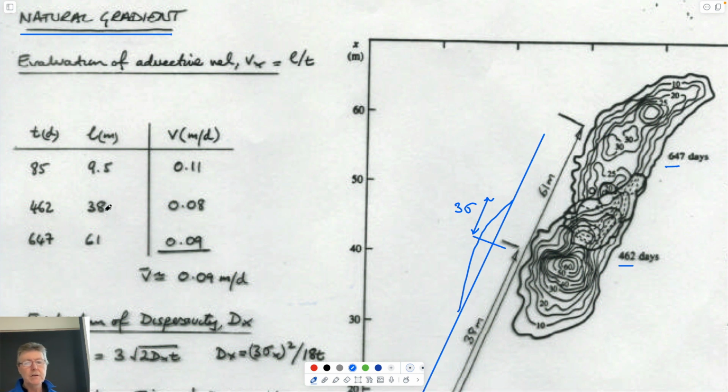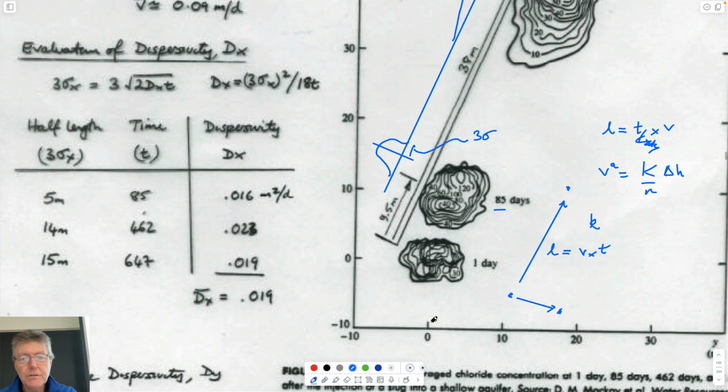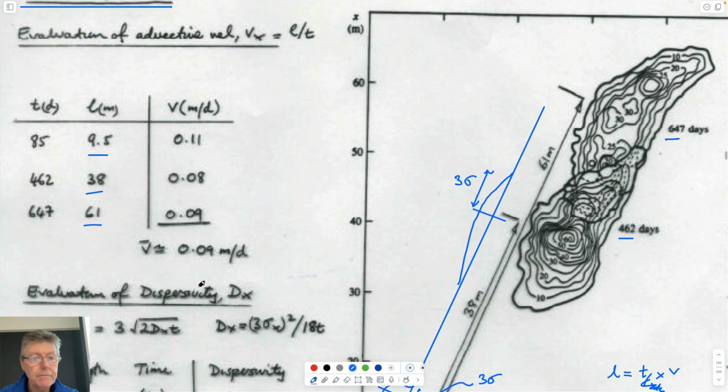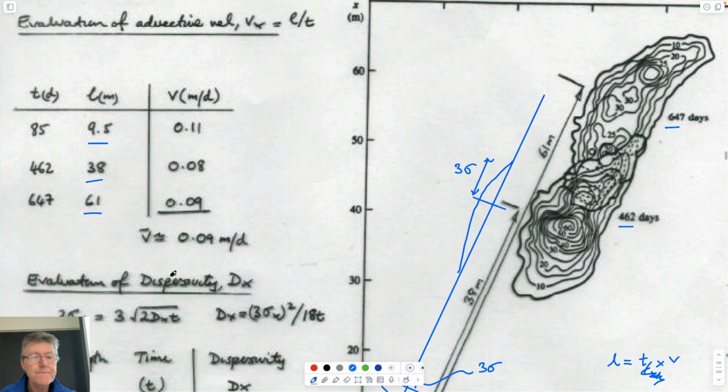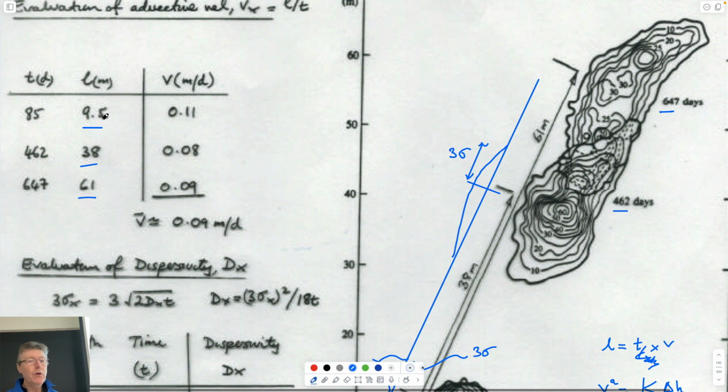So these are the steps. You measure your plumes, you figure out how far down gradient you've gone after 85 days and 38 days and 61 days, because you know the distance between where you started and where the center of mass of that plume is. So 9.5 meters, 38 meters, etc. If you know how far it's traveled in a given time, by definition, you know the actual velocity of the plume.